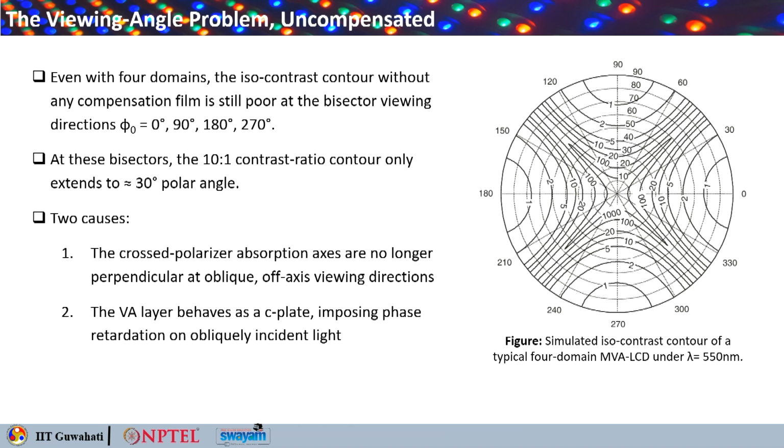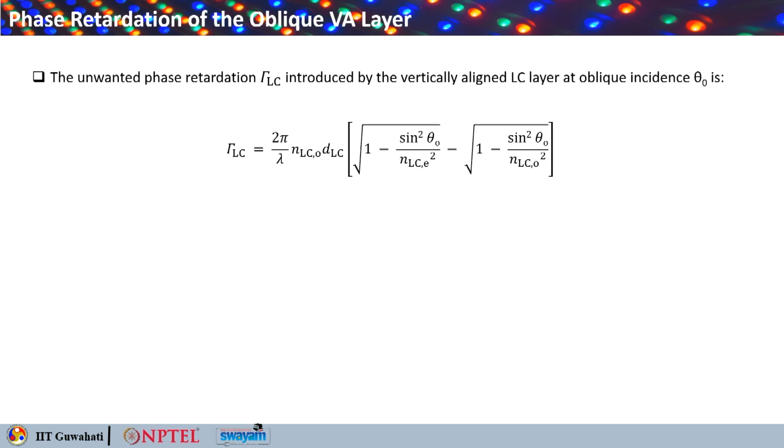So this sets up the tone for why we need compensation films specifically designed to cancel both of these effects simultaneously.